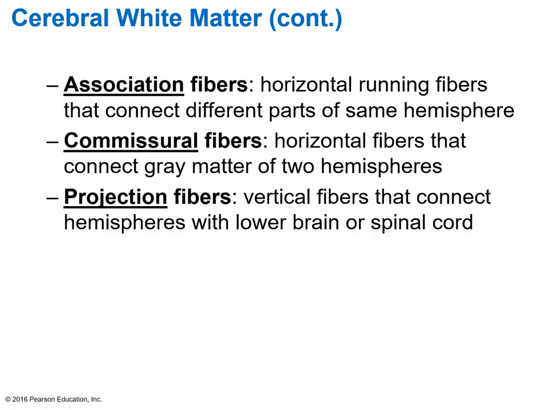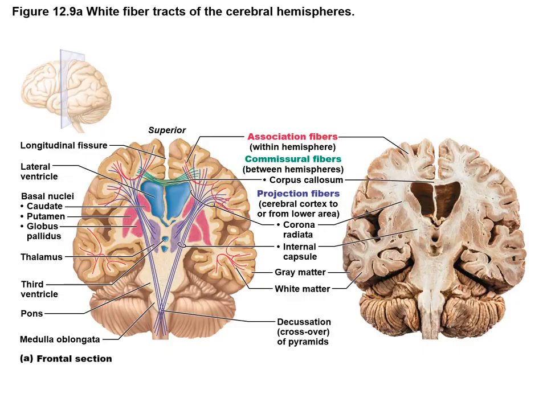They connect different parts of the same hemisphere. Commissure fibers are going to be running horizontally, but they will connect one hemisphere to the other hemisphere. And then the projection fibers, these tend to be vertical. They will connect the hemispheres down to other areas of the brain or even to the spinal cord.